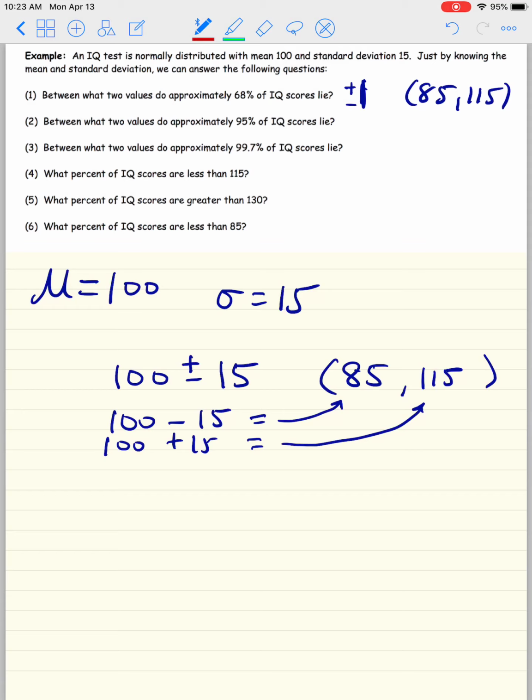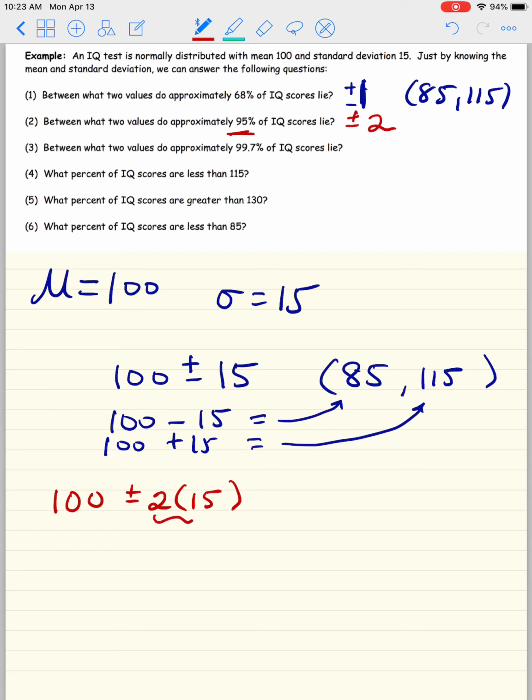In the next example, it says between what two values do approximately 95%? That's two standard deviations, which means that you're going to have to add 15 twice. So you're going to have to add 15 and then add it again, and then take away 15 and then take it away again.